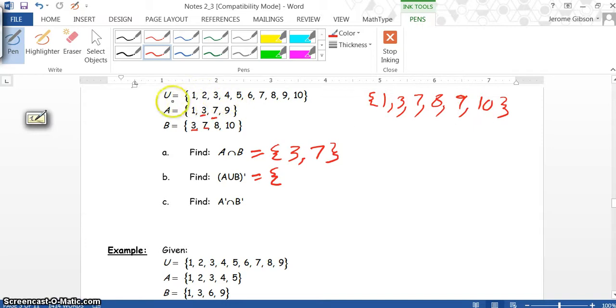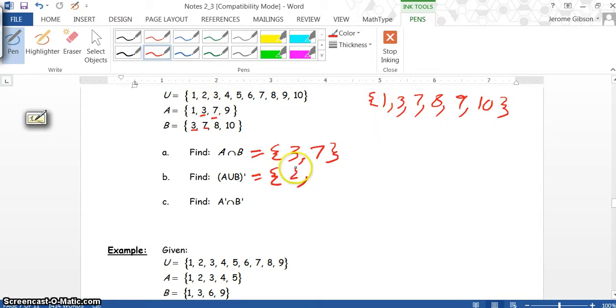So we look up here at our union, well, it's not the union. We're looking at our universal set. When we look at our universal set here, we pick out all the numbers that are not 1, 3, 7, 8, 9, 10.